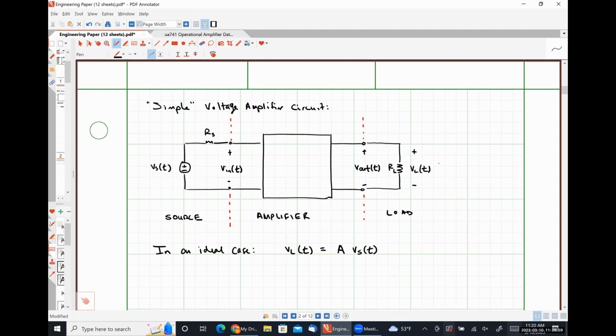So, might seem kind of weird. Well, let's disconnect the source. Okay, so just imagine that the source was disconnected and we are looking in through those input terminals, trying to find a Thevenin equivalent. What do you think we would see?